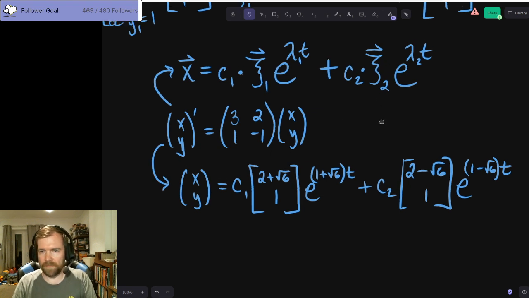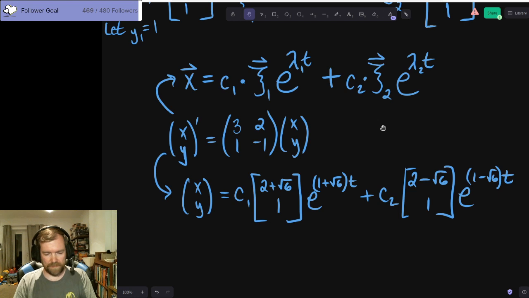All right. Questions? Other things you might want to highlight? So I guess it's important to point out that this represents actually an x solution in terms of t and a y solution in terms of t.